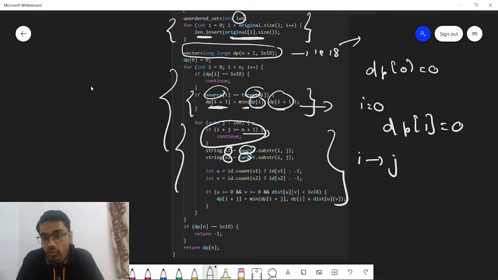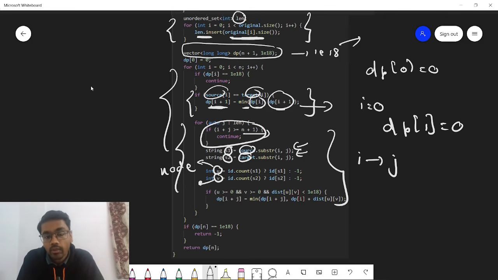Now we have the string part. The Floyd Warshall algorithm does not work on strings, it works on indices or numbers. So first, for the strings that we have extracted, we need to get their corresponding indices from the mapping. So we are getting the indices u and v, which you can consider as the nodes of the graph.